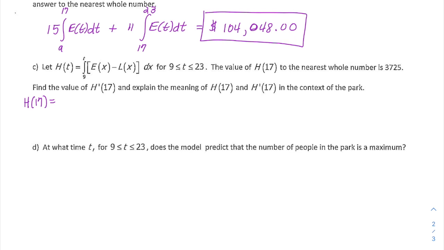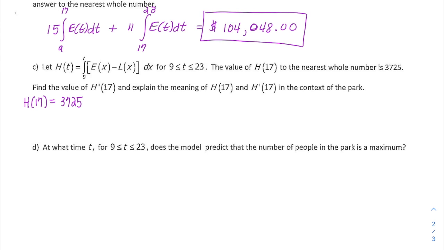H of 17 is 3,725. H is talking about accumulating: that's this integral, how many people have entered, taking away how many people have exited, starting at 9, which is the time that the park opens.